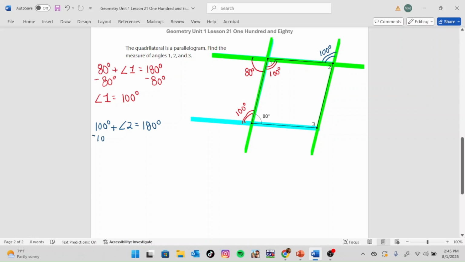I subtract 100 degrees from both sides, and that tells me that angle number 2 must be 80 degrees. So this is an 80-degree angle.